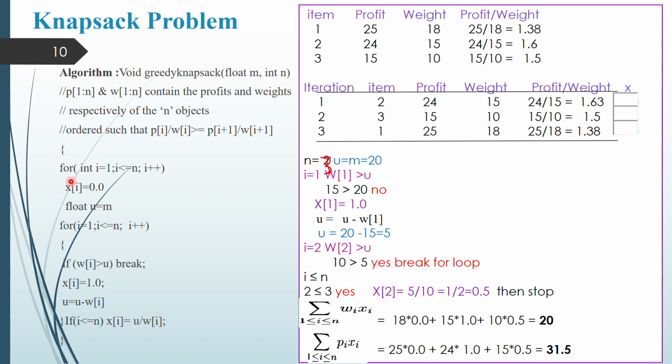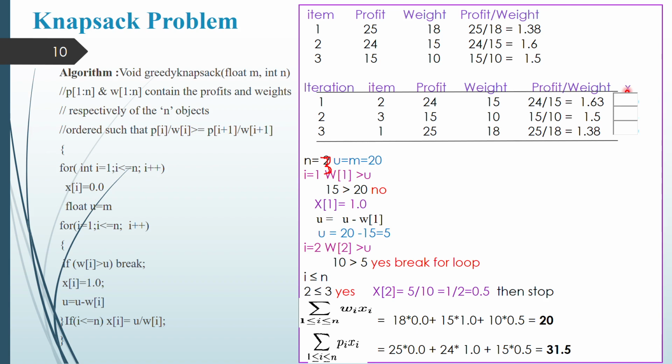Now I arranged. Next, first is the for loop. What does it tell? I equal to 1. I is the iteration. I'll take the I values. Iteration value is 1 and I is less than or equal to n. If you have started at 1, first 1 to 3 it considers. So first, x of I equal to 0, assume that this is x.